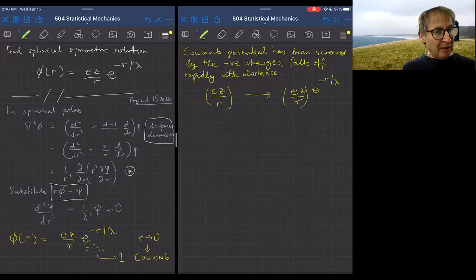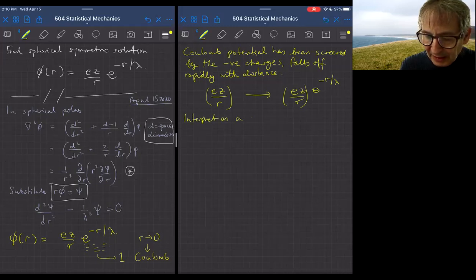So we can interpret this as a spatially dependent charge.